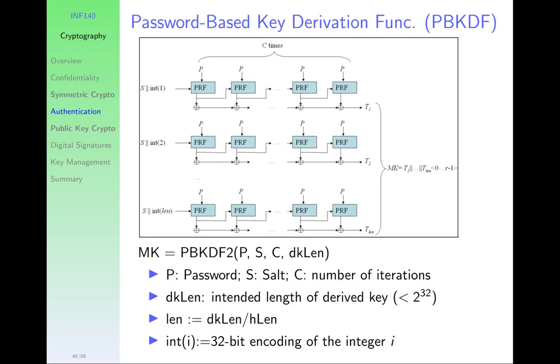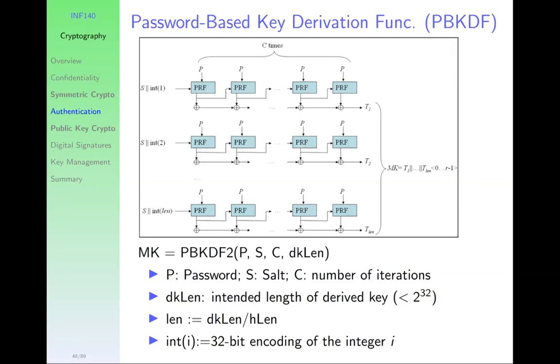Here you have this salt and some integers. You can interpret it here as just integer 1, integer 2, or integer length. Of course, it can be an array of integers, and you can take the entry of this array. We just need to look at the first row, and the other rows are the same. So we have the input salt and the initial integer, and we have the password from the user.